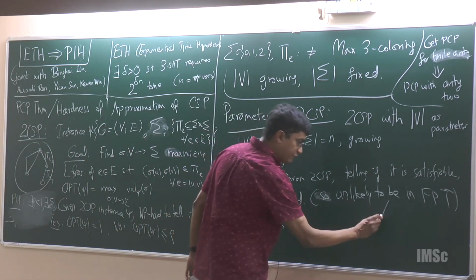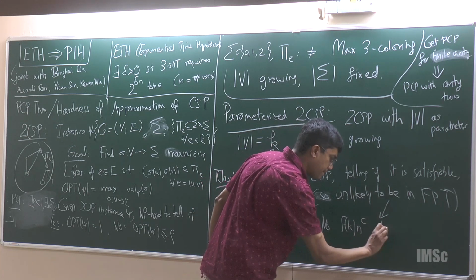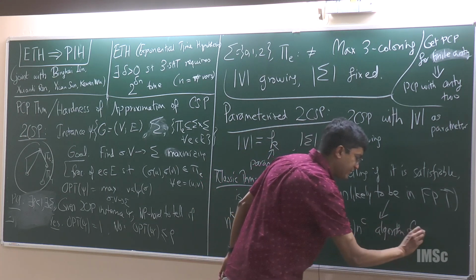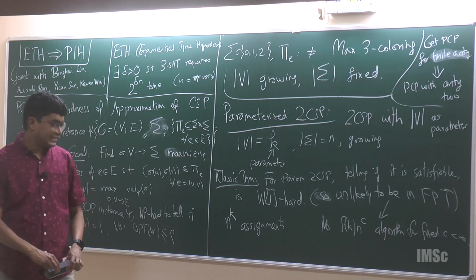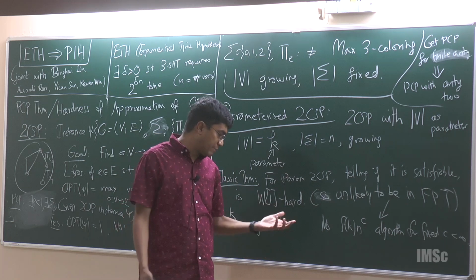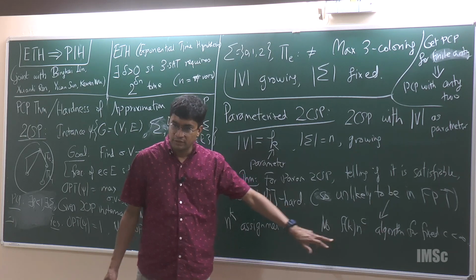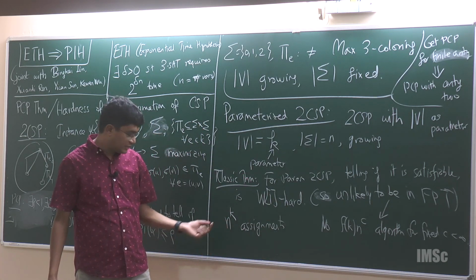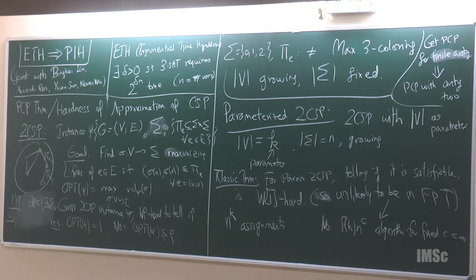Unlikely to be in FPT means that there is no f of k times n to the c algorithm for some fixed c, and f can be anything you want. This is the standard way you talk about parameterized problems: any exponential dependence is restricted to the parameter, whereas here it's n to the k. So you want to avoid that. You want f of k. You don't want the running time to grow in the exponent with k. Okay, so that's the classic theorem.